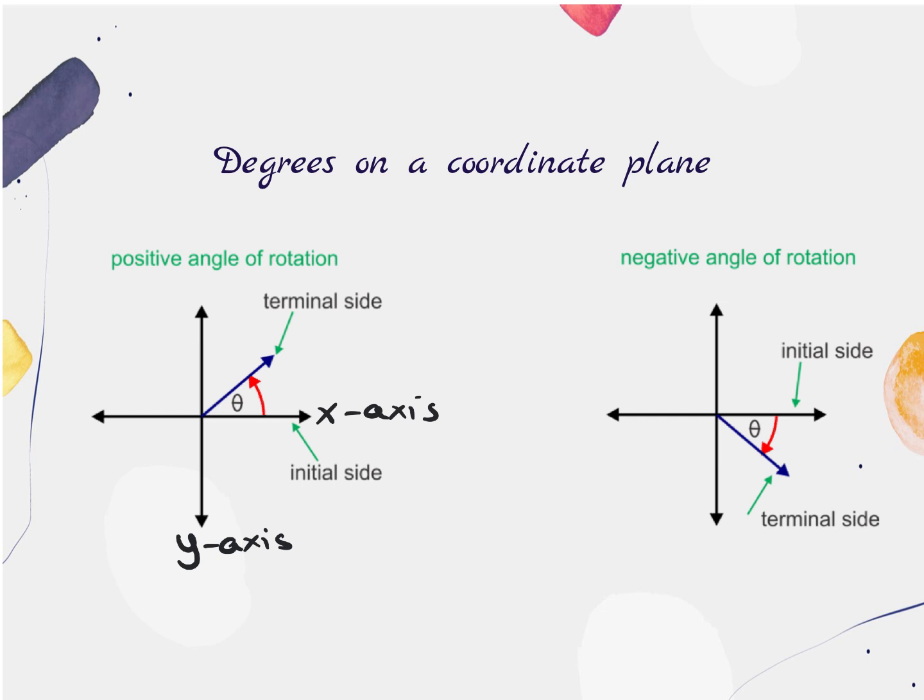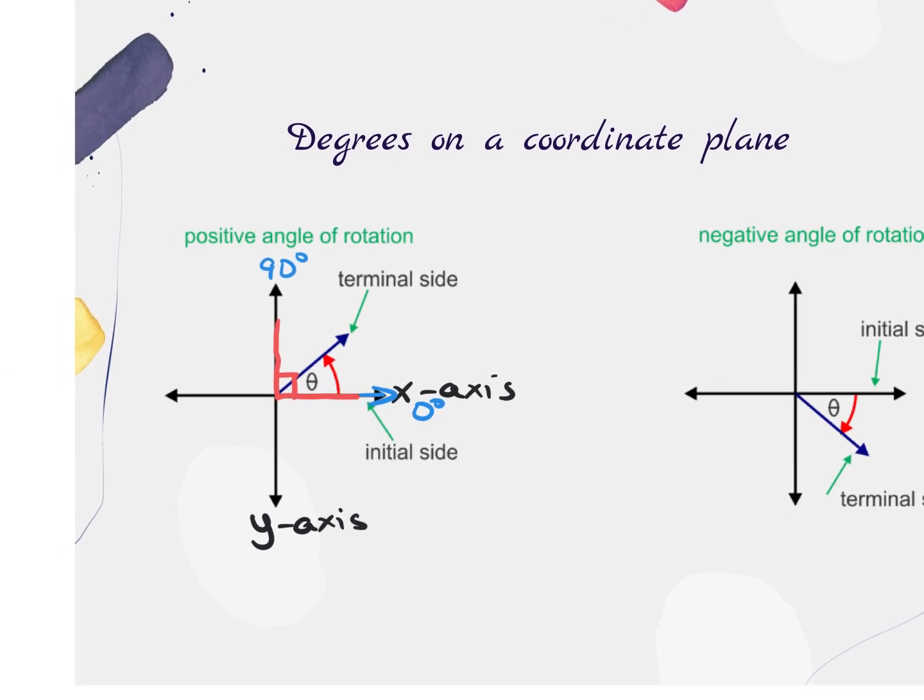So some key things to be aware of is over here on the right side of your x-axis, this is going to be 0 degrees. So right here where this arrow is, up here at the top will be 90 degrees, because if you think about it, this would be a little right angle right here if you were to form it. Over here on the left side of the x-axis, this would be 180 degrees.